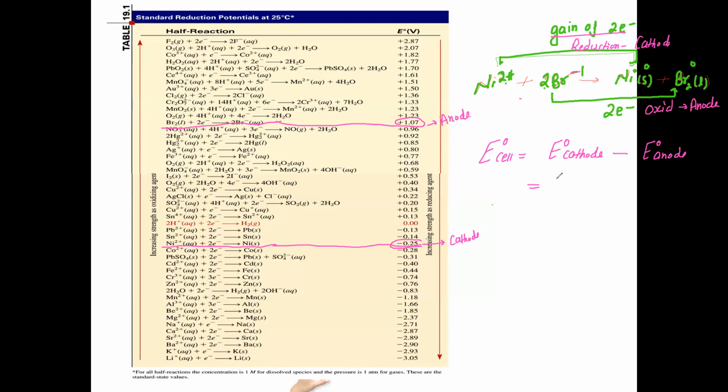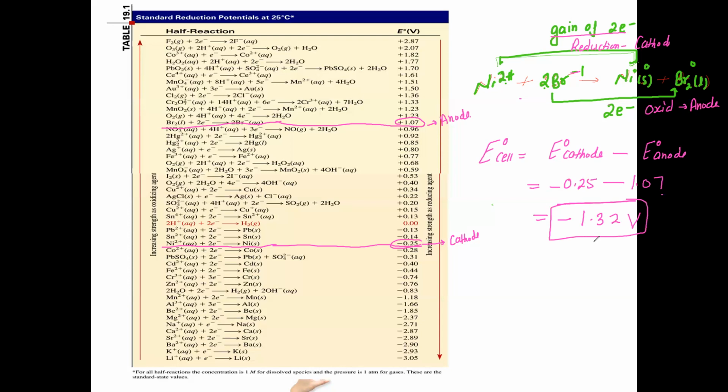Pick up the values. Minus 0.25 minus 1.07. Add them. So minus 1.32 volts. Kiki, this is minus, right?